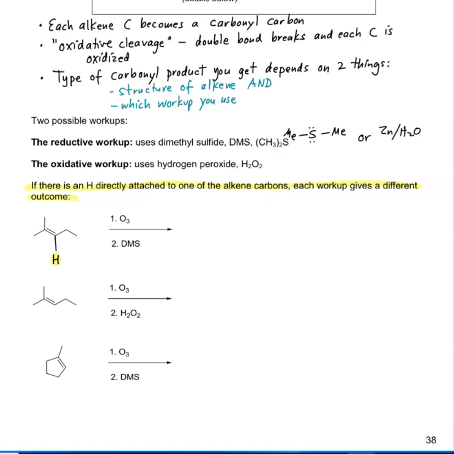So we're going to treat this alkene with ozone and follow it with the DMS workup. So remember what happens. The alkene is broken, and each of the carbons gets oxidized.